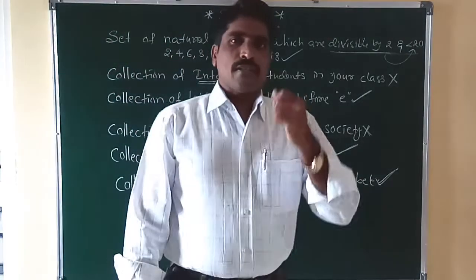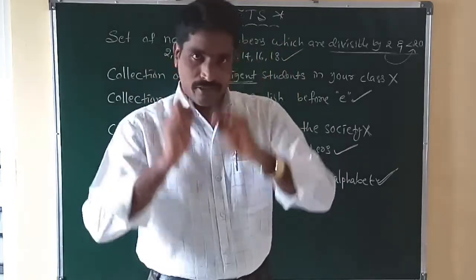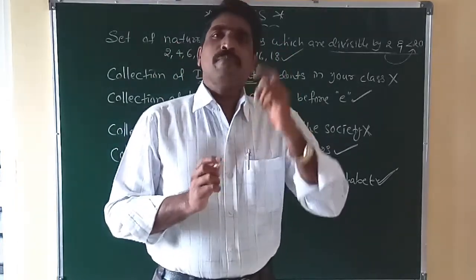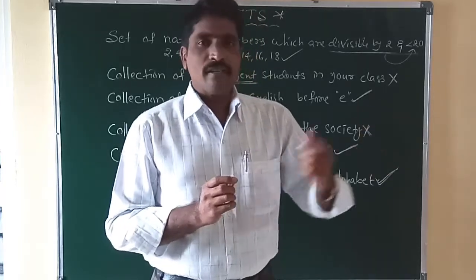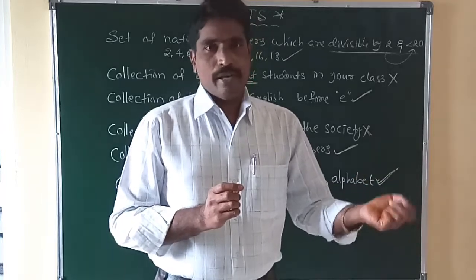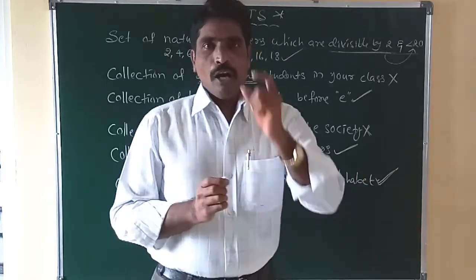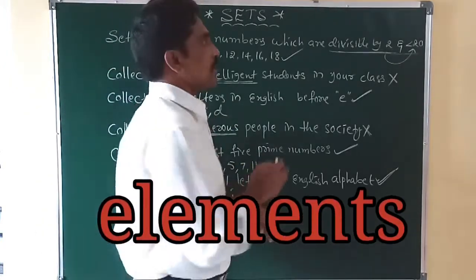So we conclude that a set is a well-defined collection of objects. Objects may be things or places or persons' names or letters or numbers, etc. Objects of the set are known as elements of the set.